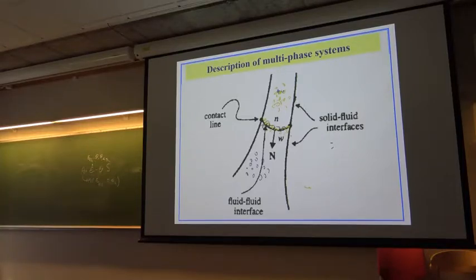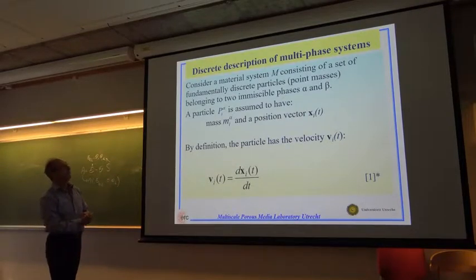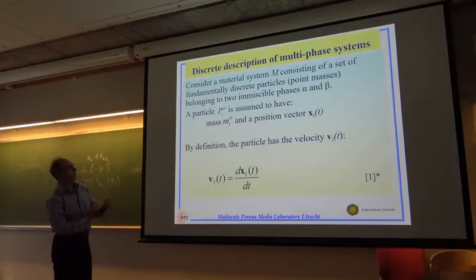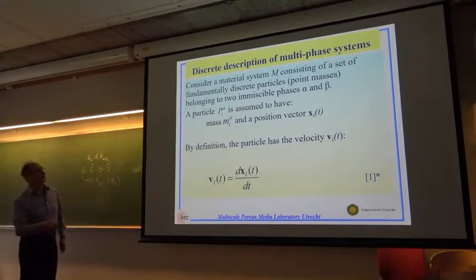Good. So we say, if we now have a system M, and it has, again, point masses, and they belong to three immiscible phases, if we take solid, which we would like to do, and the particle, as we just did for the case of a two-component system, we assign not only an ordinal number to it, but also an indicator alpha.